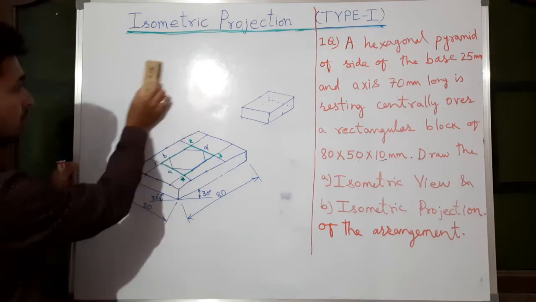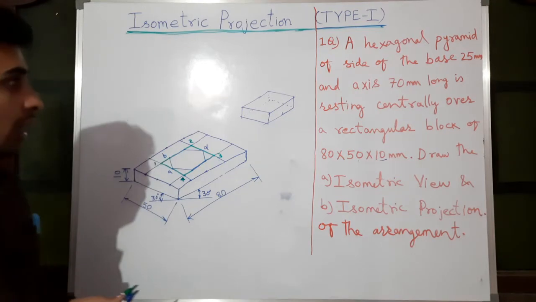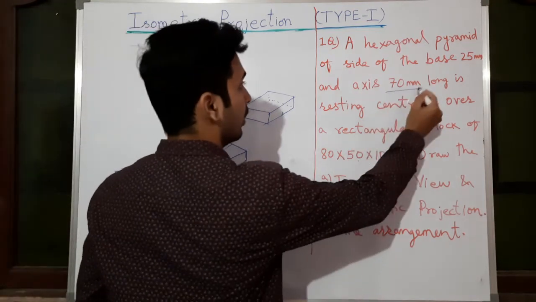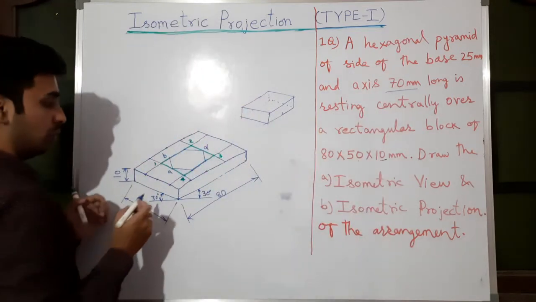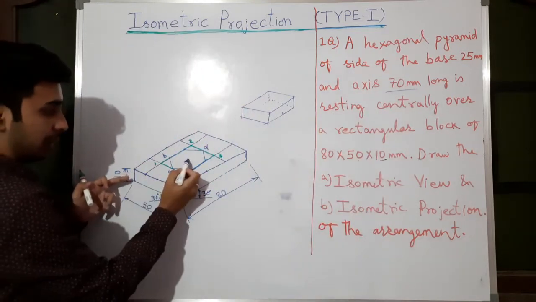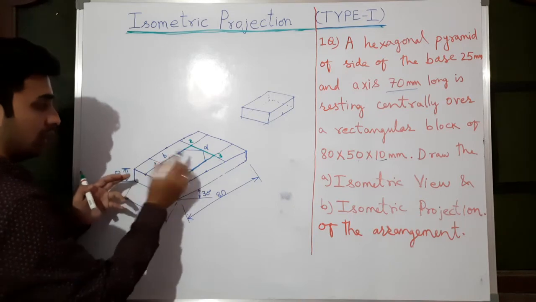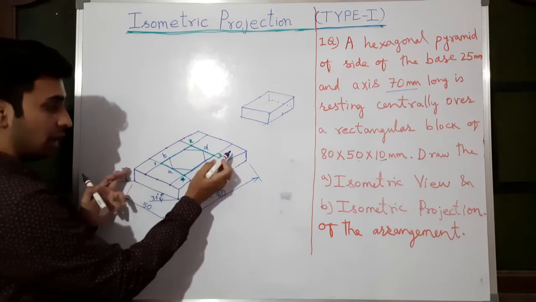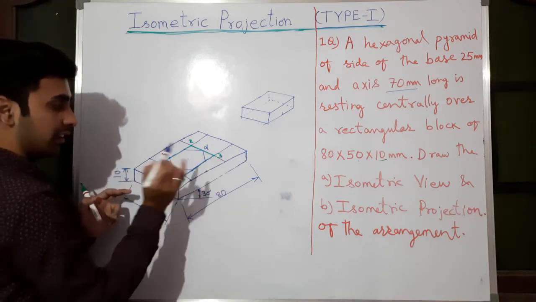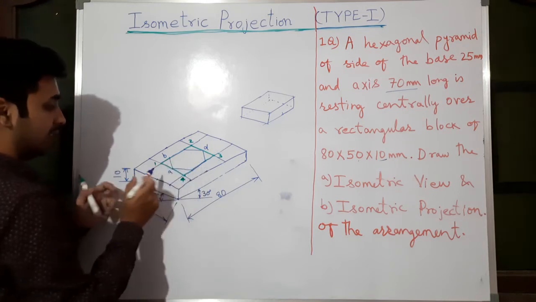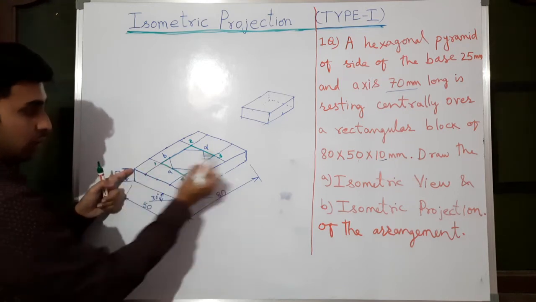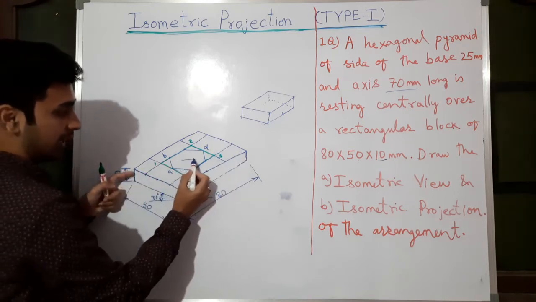Okay, axis height how much, 70 mm long. First take the center midpoint of this entire block, or if you take the center of the block, automatically the center of this hexagon will come. How to take the center? Just keep the scale from this corner to this corner, draw a small line.